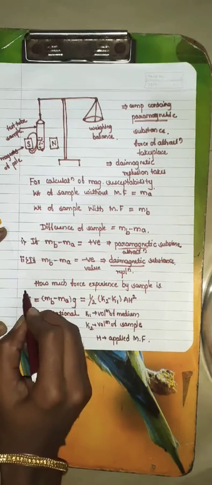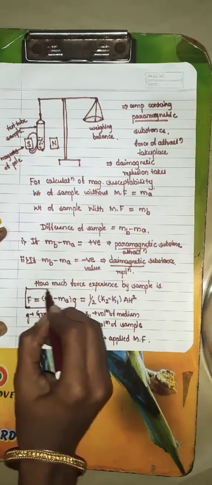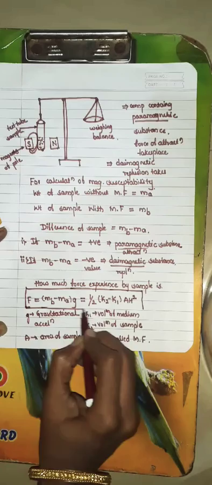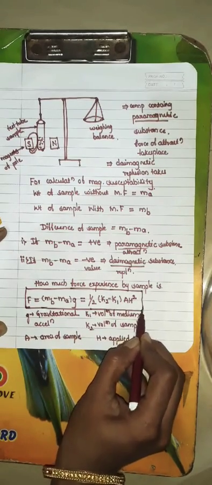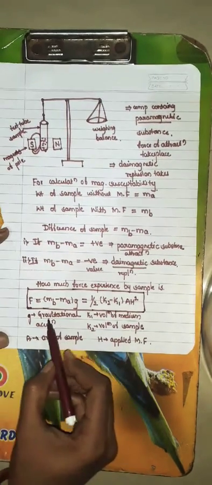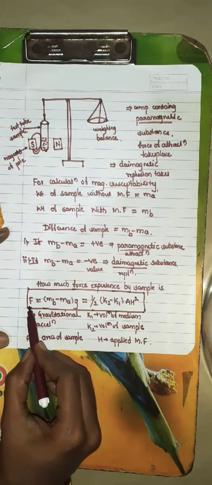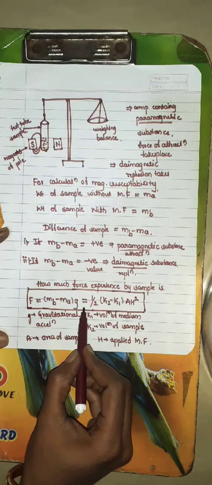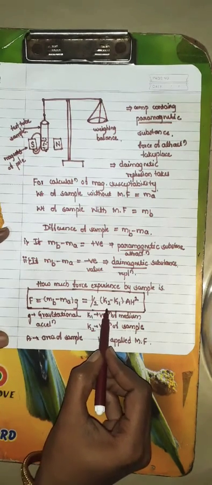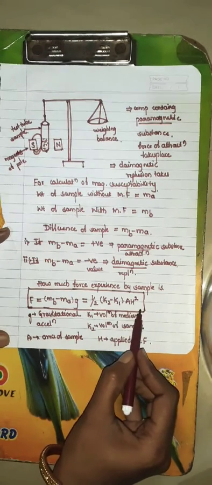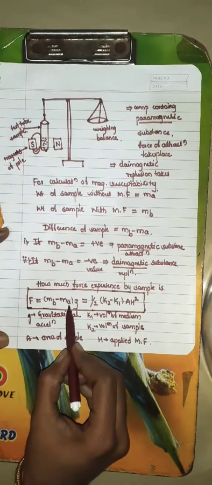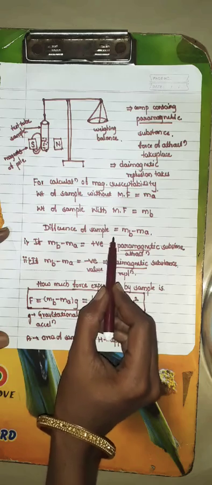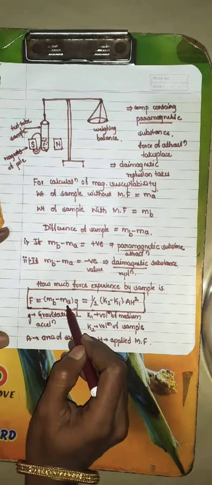By using this formula, we calculate how much force our sample experiences in presence of magnetic field. F is equal to MB minus MA into G, which is equal to 1 divided by 2 (K2 minus K1) AH square, where MB minus MA is the difference of the sample with magnetic field minus without magnetic field.